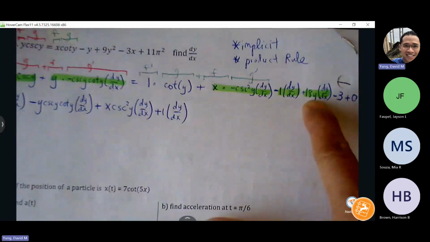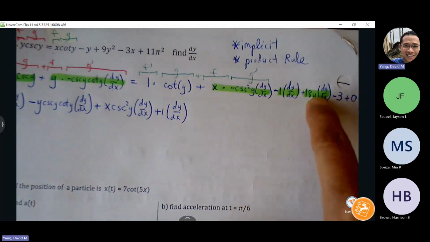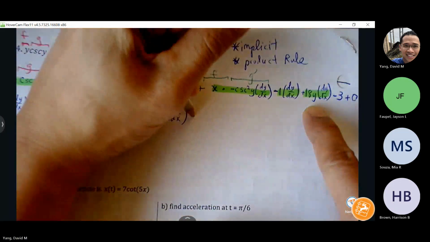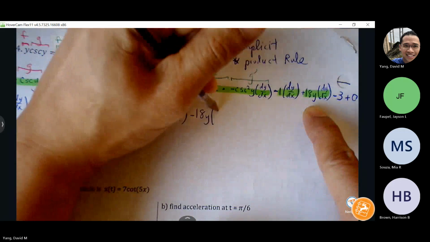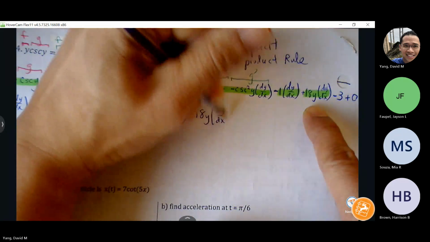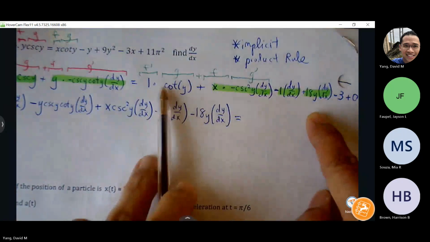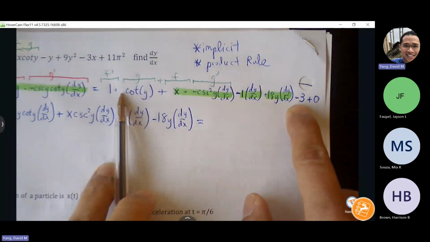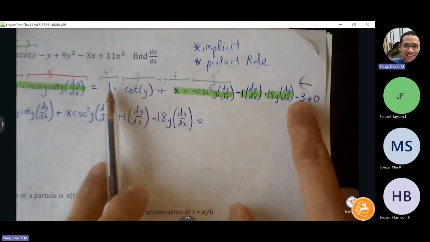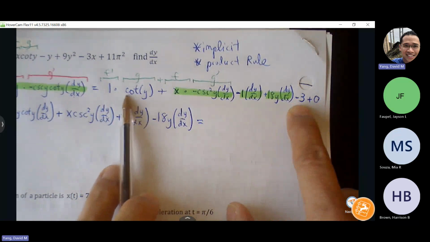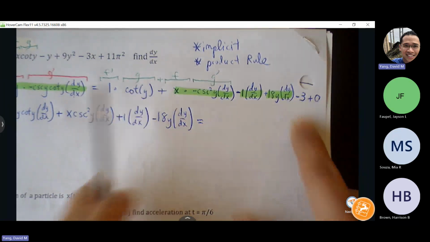This term is sitting on the right side with the dy dx. I would like to move it on the left, so I got to change that sign, -18y dy dx. These two terms that do not have dy dx, they're already sitting on the right side, so there's no need to change the sign. I'll keep these terms the way that they look.